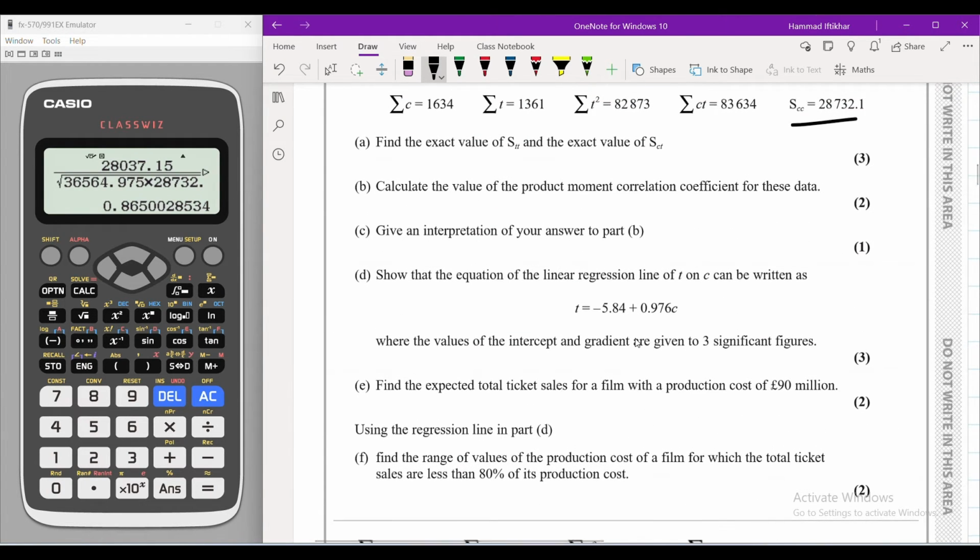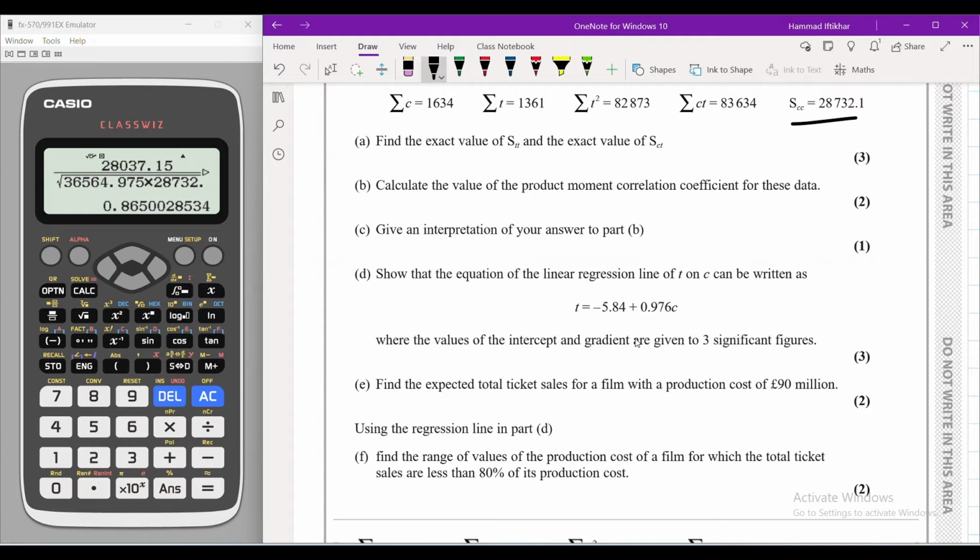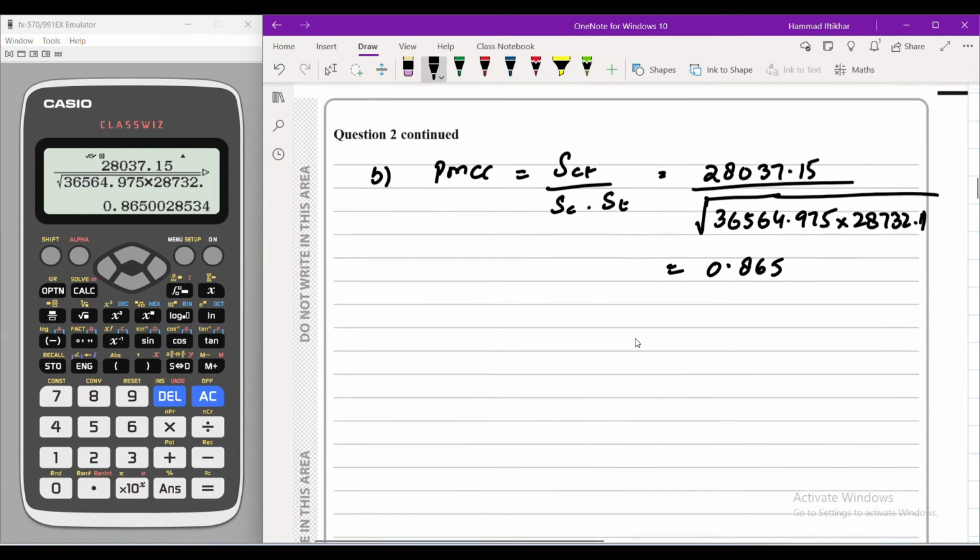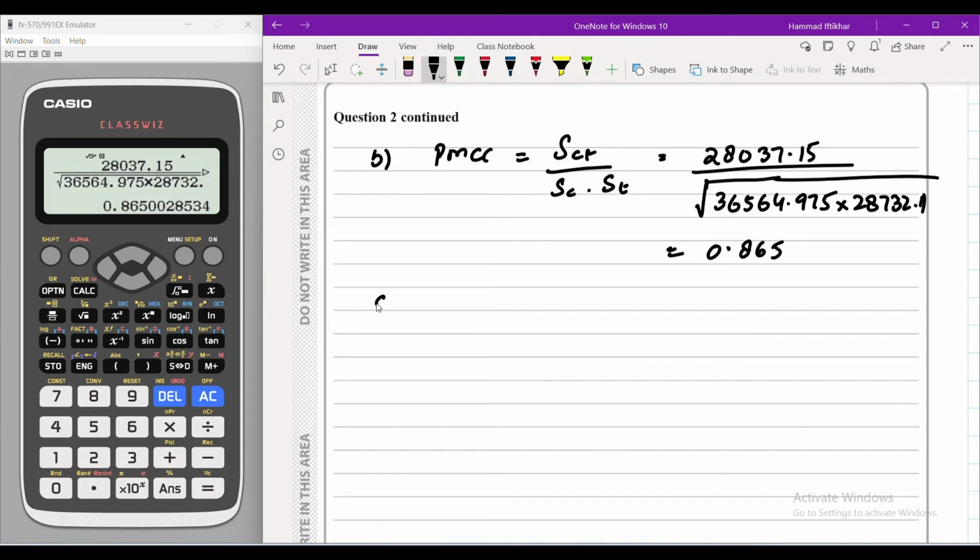Give an interpretation for your answer to part B. First off, it's positive and it's close to 1.